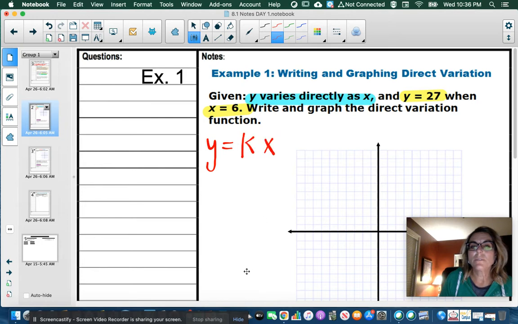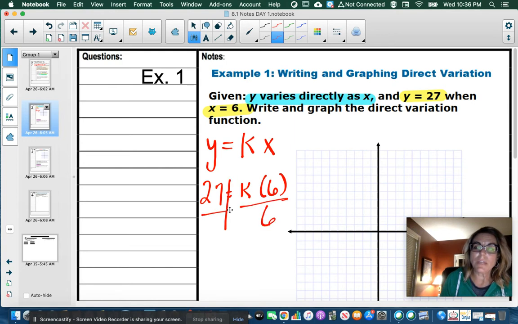Just like that, I'm going to plug in what y is equal to, and I'm going to plug in what x is equal to. The objective here is that we are going to be solving for k. So how do I do that? I divide both sides by 6. 27 divided by 6 is 4.5.